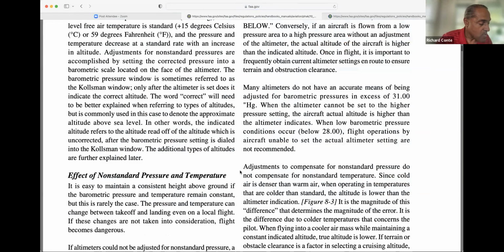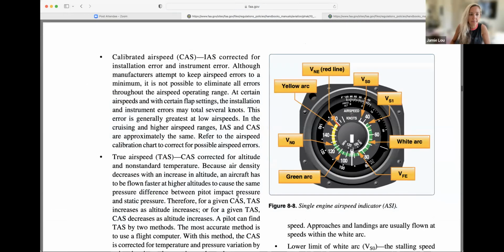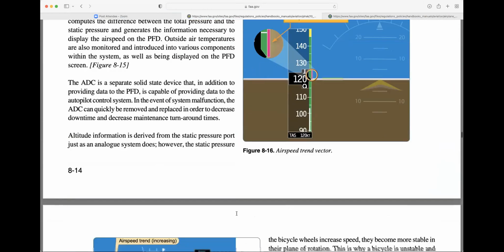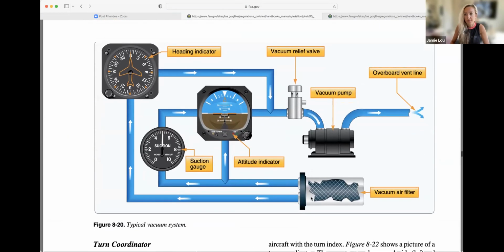Okay, I'm going down. Chapter 8-17 coming up. There we go.